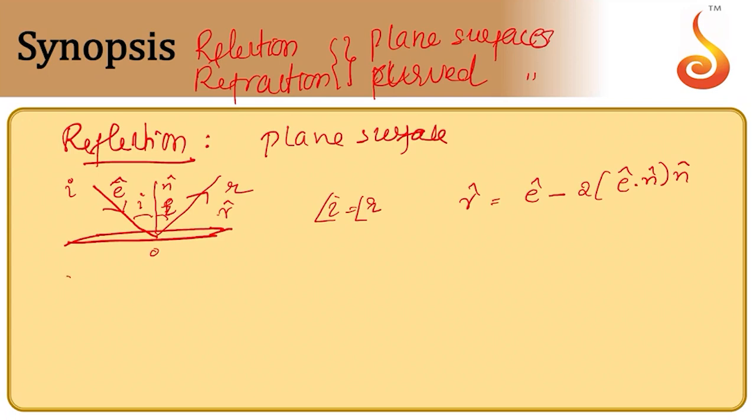And in our current discussion, we consider two main things. One is object and the second is image. Object is said to be real if the rays actually diverge from that particular point, and the object is said to be virtual if the rays appear to converge or they converge.